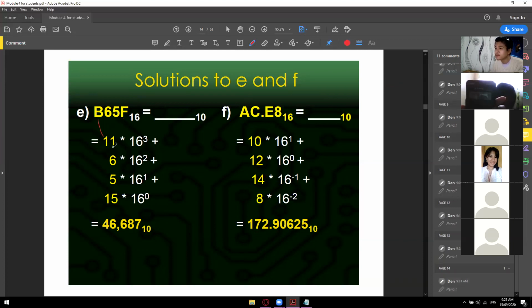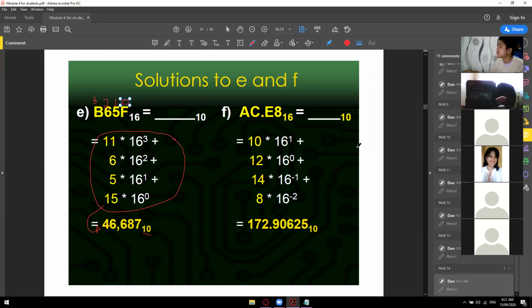Okay? And then multiply everything to our base, which is 16. And then kunin nyo lang yung power, which is 0, 1, 2, 3. So B is raised to 3, 6 is raised to 2, and then 5 is raised to 1, and then F, which is 15, is raised to 0. And then kunin nyo lang yung result na ito, and then you will get this one, 46,687 base 10. So do not forget the base.